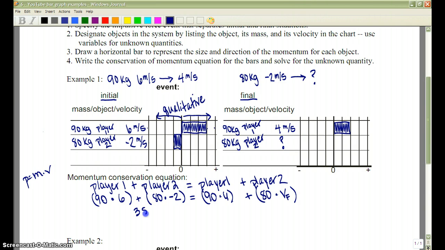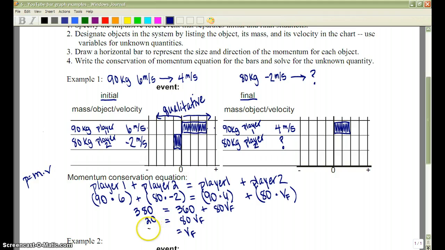So I'm going to get 380 on that side is equal to 360 plus my 80 velocity final. So I'm going to move my 360 over to the other side. This is adding, so I need to subtract it. So I'm going to get 20 equals 80 V final.